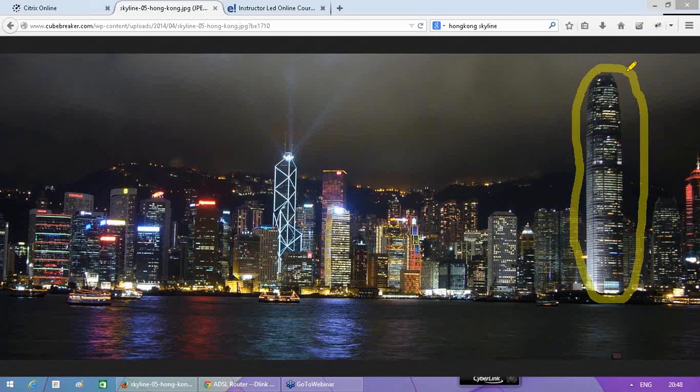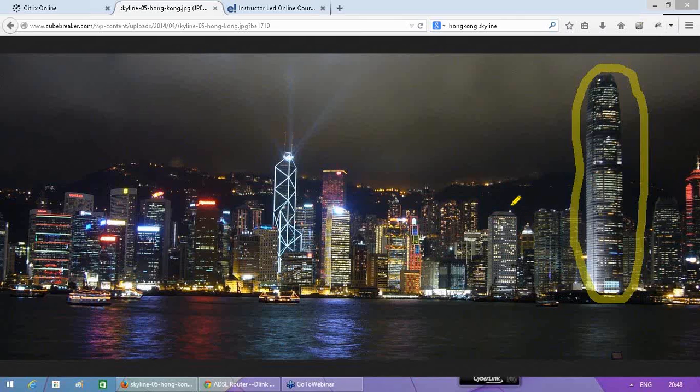what I'll do is, if this building has 100 floors, and if one floor is 3 meters in height, so the approximate height of this building would be somewhere around 300 meters. Right?